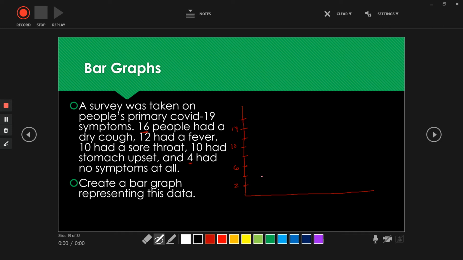So decide on that, and next we're going to make categories. We have cough, fever, sore throat, upset stomach, and no symptoms, right?